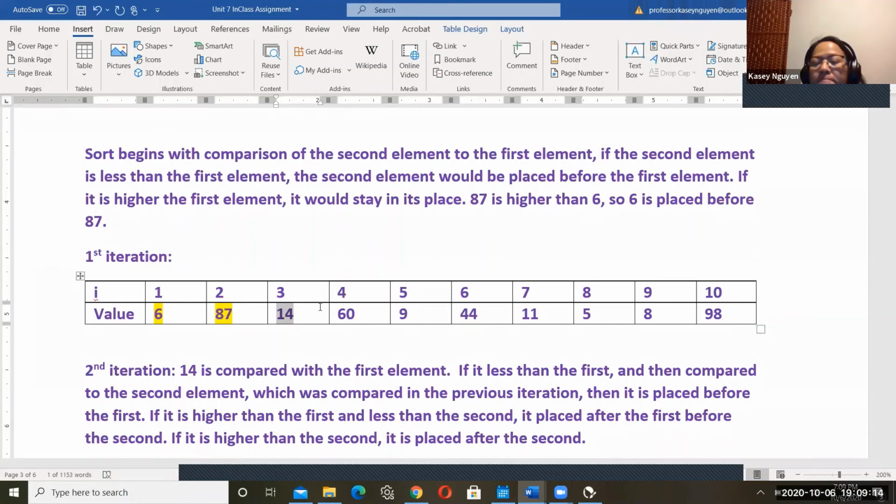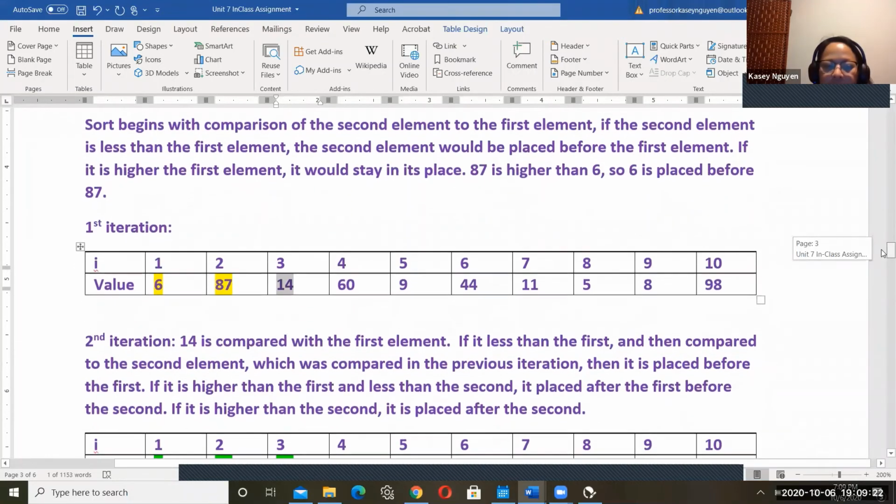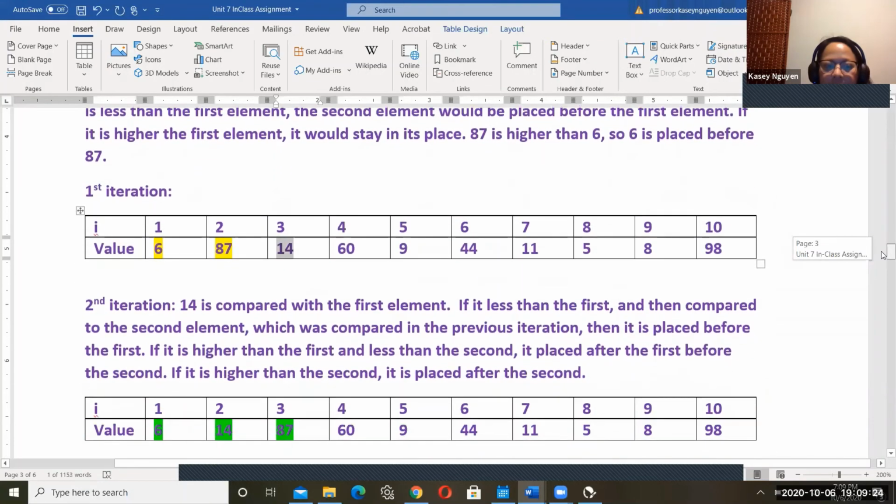Any question? So after the second iteration, we have 6, 14, 87, and so forth.